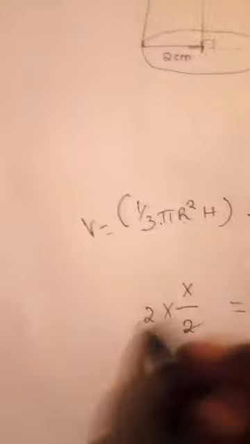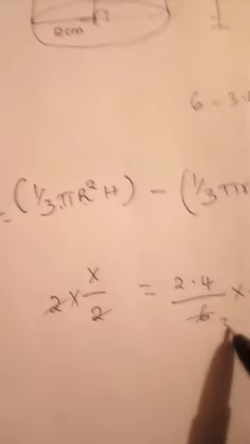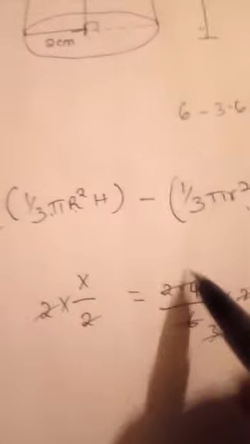Now let's find the value of x by multiplying both sides by 2. The 2 cancels, 3 and 3 cancel, giving 0.8. So the radius of the smaller cone is 0.8.